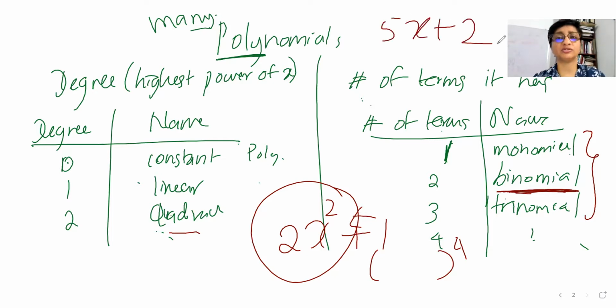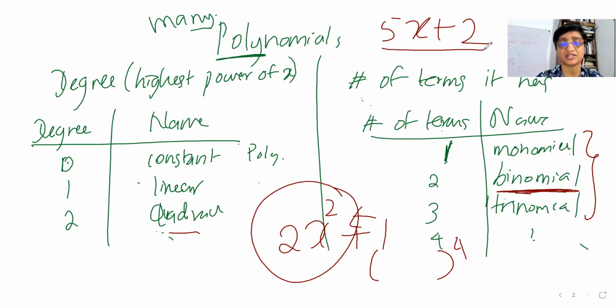Take 5x plus 2. That's a linear polynomial. We are more interested in the degree, right? It's a linear expression, and it also happens to be a binomial, 2 terms. The number of terms is not of big significance. We don't care how many terms it has, but what's important is the degree.